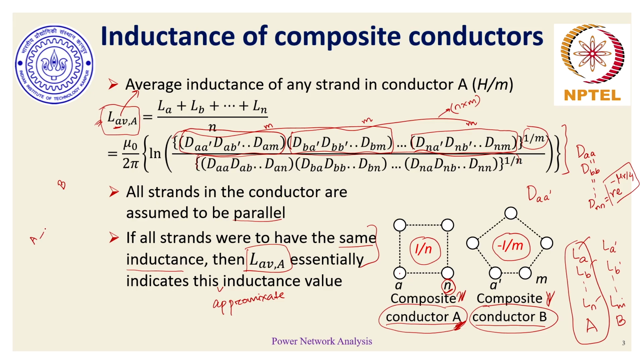This conductor has n parallel strands running through it, and each of these strands has an inductance of L average comma A.